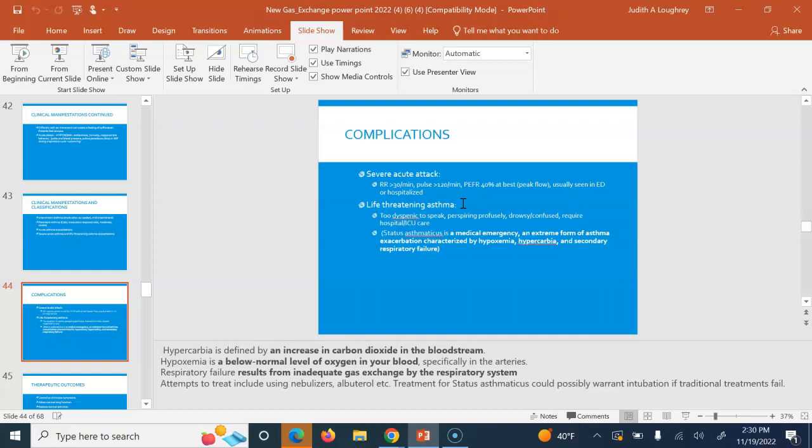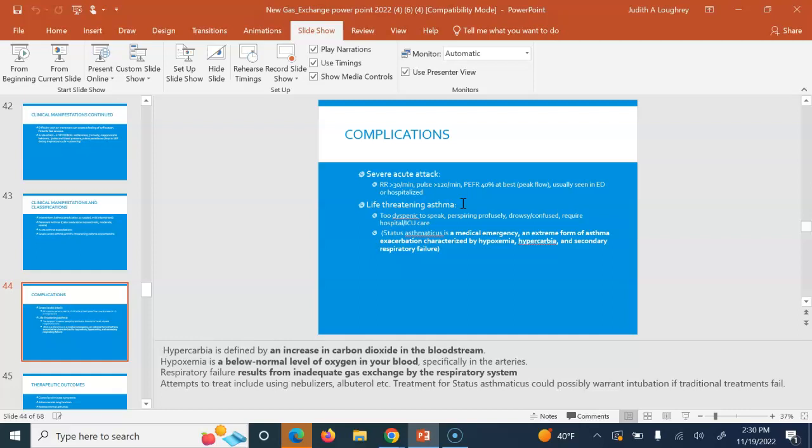Complications, you can have a severe acute attack with respiratory rate greater than 30 respirations per minute, pulse greater than 120 per minute, a PEFR of 40% in the peak flow. These people are usually seen in the emergency department, or they should be hospitalized.